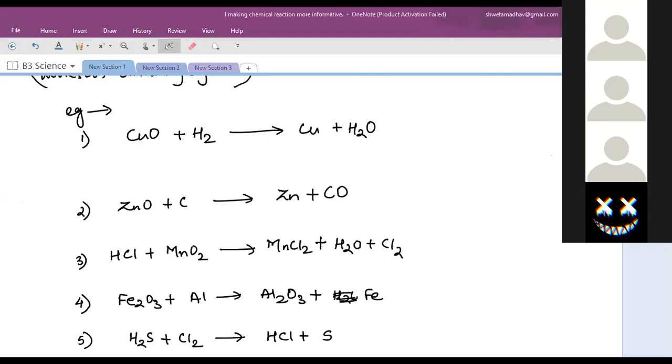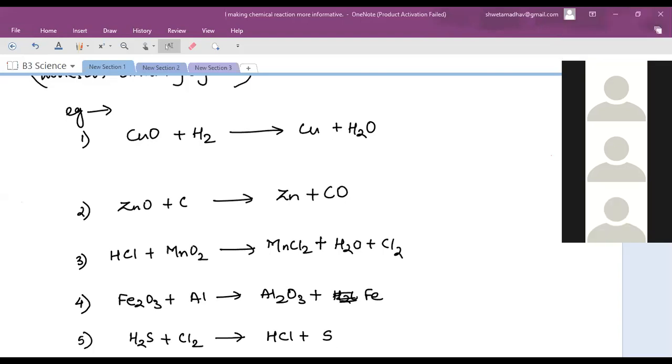Iron oxide is reduced, not iron. So iron oxide is itself reduced, so it works as an oxidizing agent. And aluminium is oxidized, so it works as reducing agent. Clear now? Yes, ma'am.